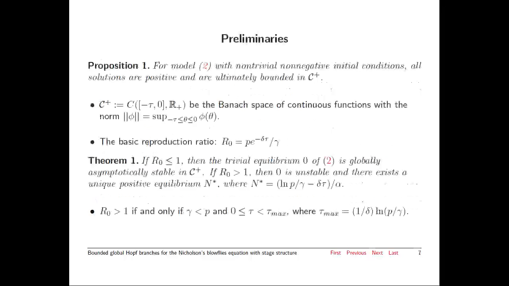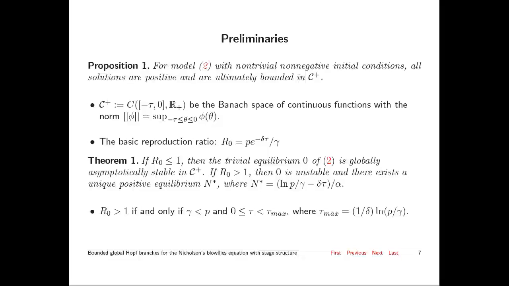For model 2, we first obtain some preliminary results. The first is the positiveness and the ultimate boundedness of the solution with non-trivial and non-negative initial conditions. And we can easily calculate the basic reproduction ratio R naught as given here. When R naught is less than or equal to 1, the trivial equilibrium is globally asymptotically stable.